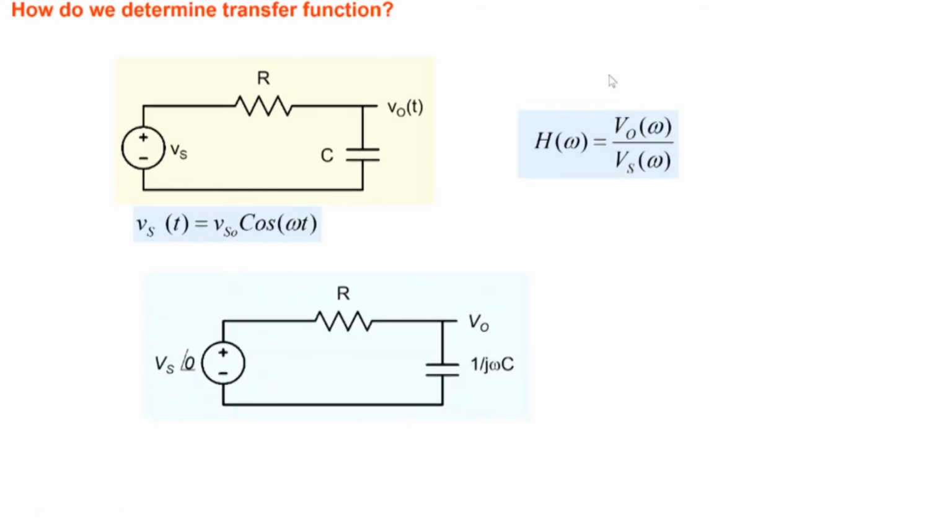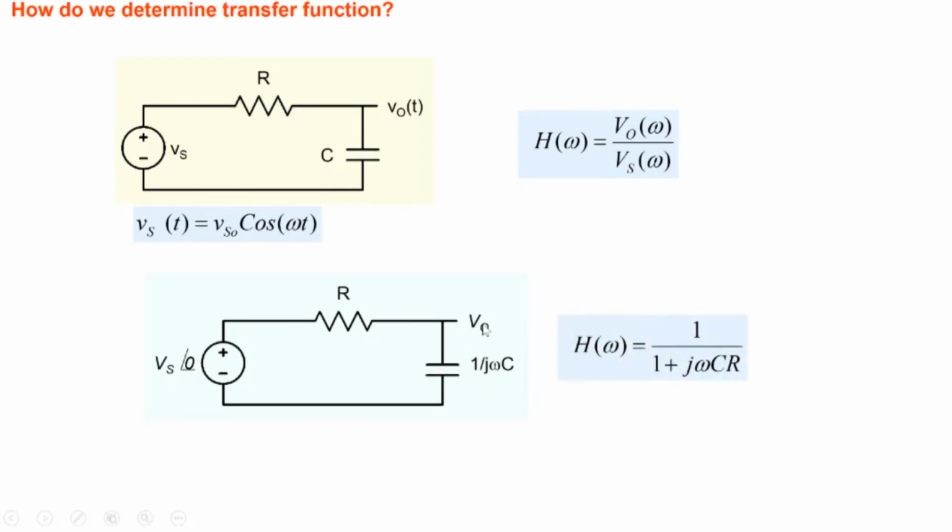In phasor analysis, we leave the time domain and represent the input by Vs angle 0. And we said to convert everything into complex impedance values. So a resistor stays a resistor, and a capacitor becomes 1 over j omega C. Now analyze this.